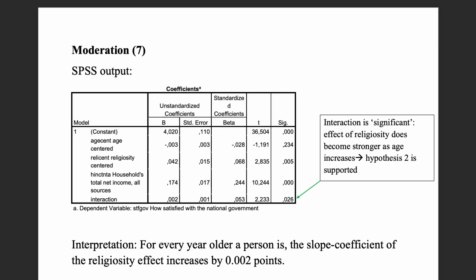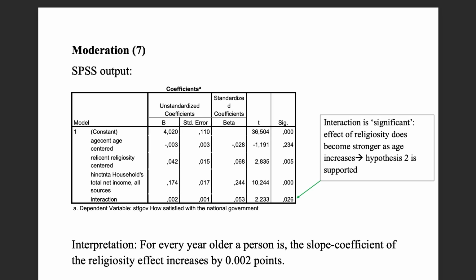It captures by how much the slope coefficient for our independent variable increases or decreases if our moderator variable increases by 1 unit on its scale. In this case, our moderator variable was age, so the scale was in years. So that tells us that for every year older a person is, the slope coefficient of the religiosity effect increases by 0.002 points. Notice that now we don't really have a model where we have an effect of religiosity anymore.